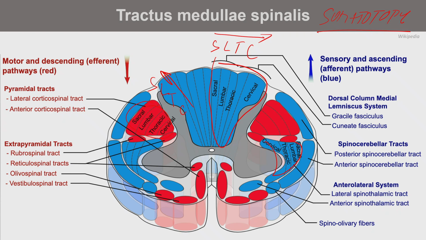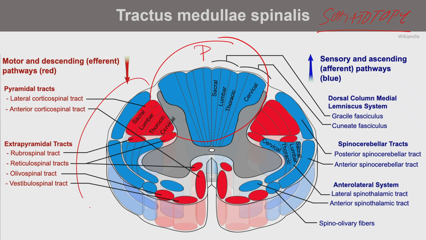We are talking also about the groups of those tracts. It's important when we have a dorsal or posterior system, and the second is the anterolateral system.